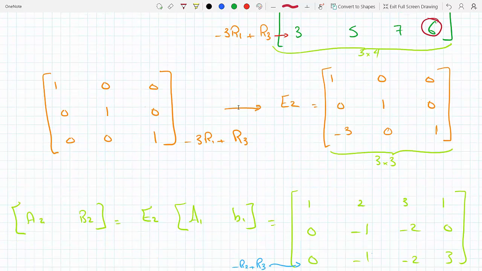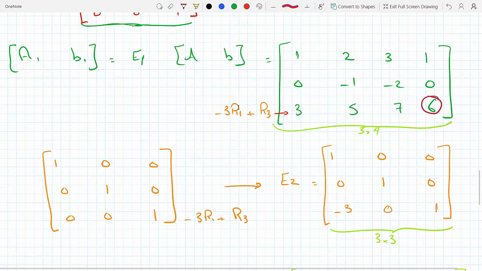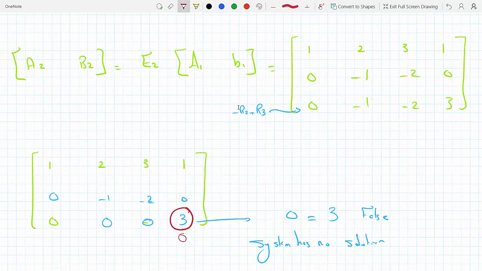But when I did my elimination step 2, look what happens when I multiplied these two matrices. This minus 3 has to multiply that 1, so you would get minus 3. The 0 here didn't matter, didn't change anything, but then when I went across the 1 times the 6, so that's minus 3 plus 6, that gave me that 3 there.